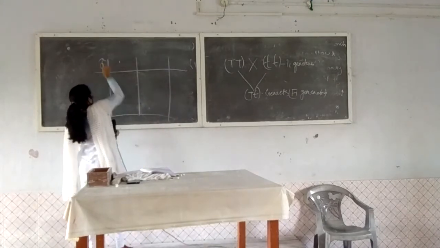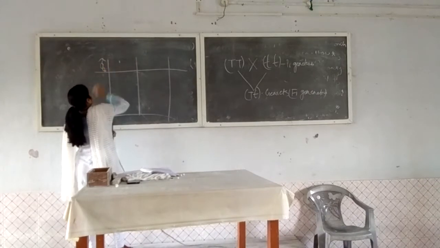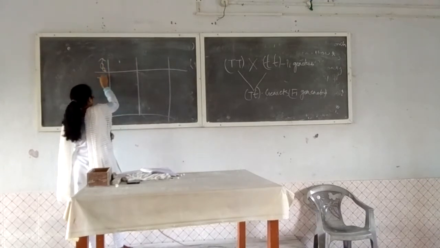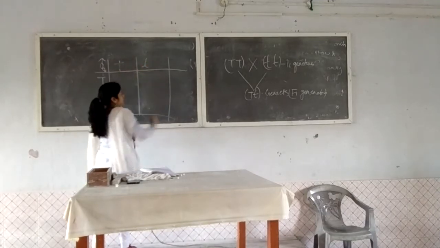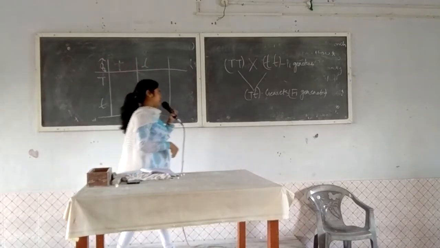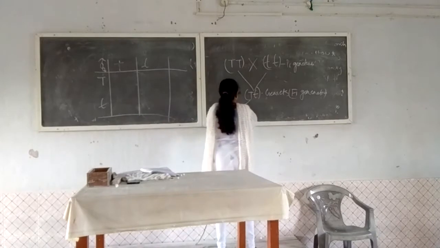These are the male plants, these are the female plants. Capital T, small t, capital T, small t. From here, where he gets capital T, small t? Here.